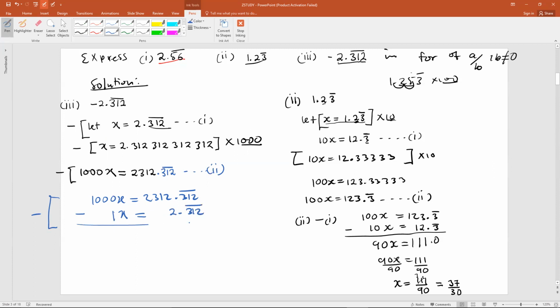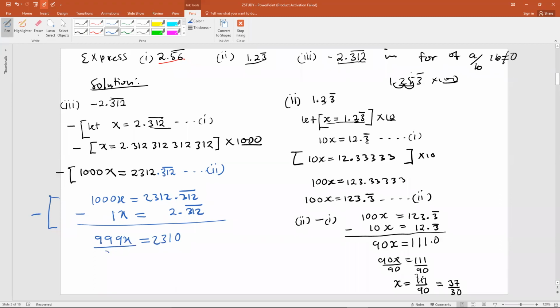Then you subtract: 1000 minus 1 is 999, so 999x equals this minus that. 2 minus 2 gives 0, and then 1, 3, 2.